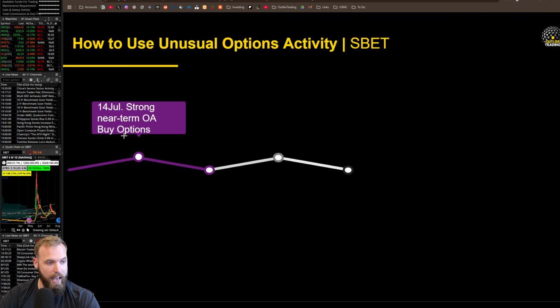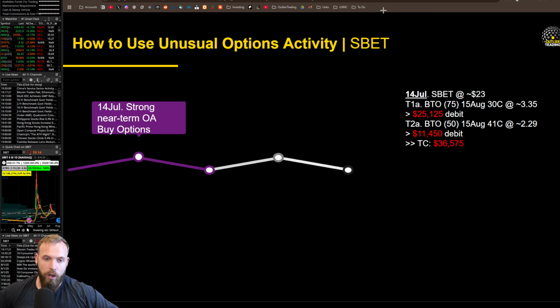So I see that going on. And because of that, I buy some options. What do I buy? I go into the 15 AUG expiration. So again, this is 14 July. I'm going out to August. These are pretty near term in time for me. But I don't like going so close in time because, again, you never really know if this is actually unusual options activity with a directional bet or if there's something else going on.